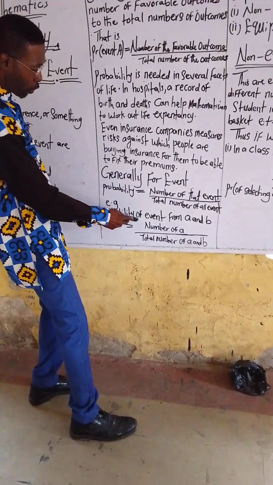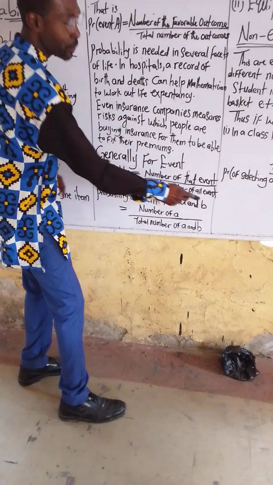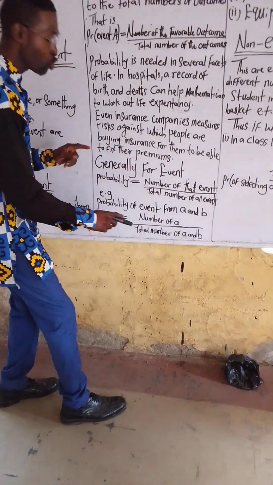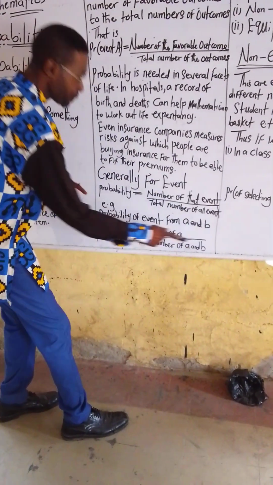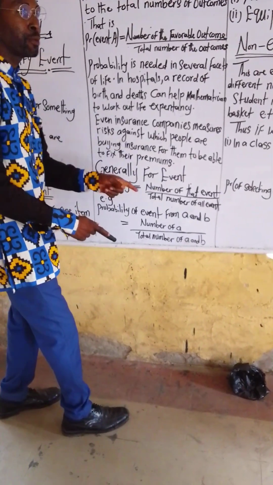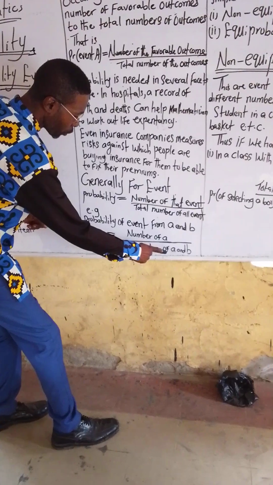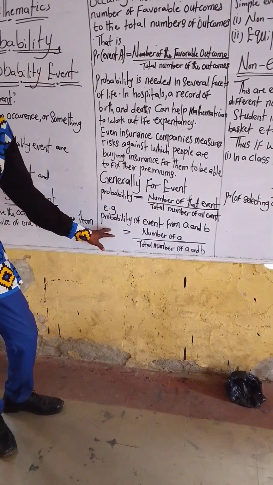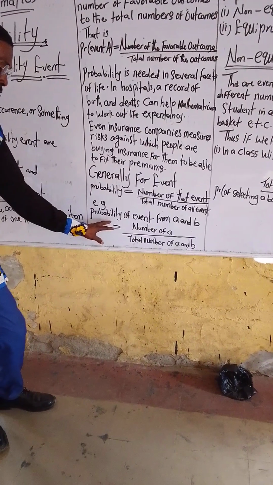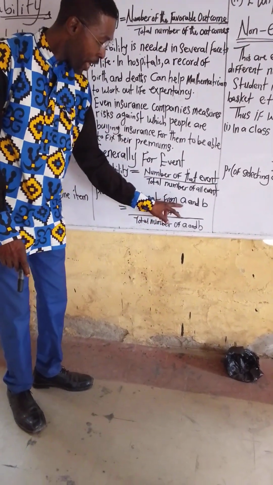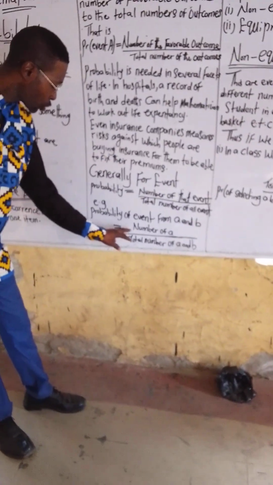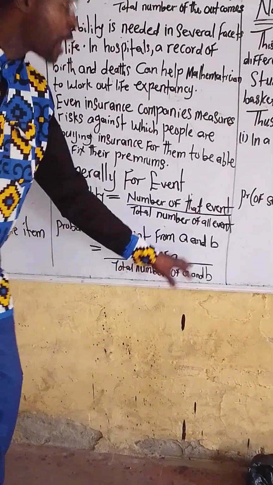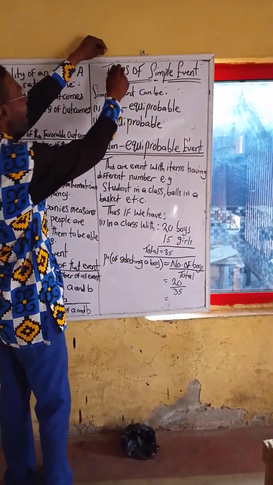For example, the probability of an event from A and B is the number of A, because it is from A and B, over the total number of A and B. I believe you can easily understand this. Probability of an event from A and B is equal to the number of A over the total number of A and B.